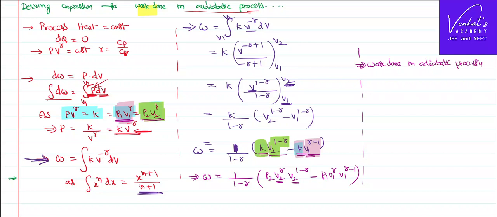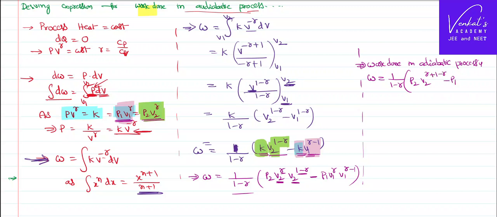W equal to 1 by (1-gamma) of P2 V2^gamma, V2^(1-gamma). As the base is the same, the powers can be added. So that is P2 V2^(gamma+1-gamma).